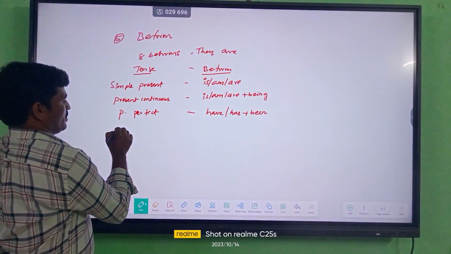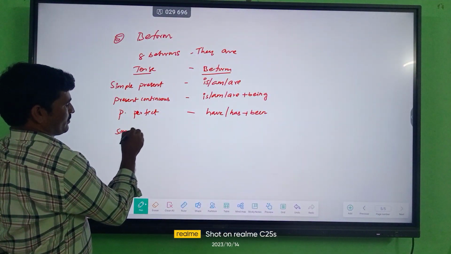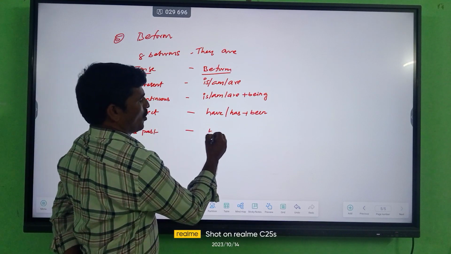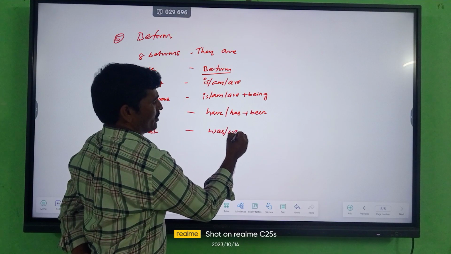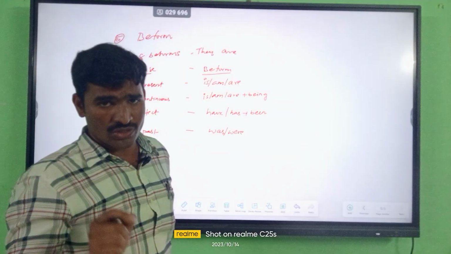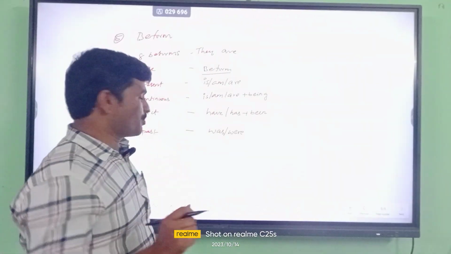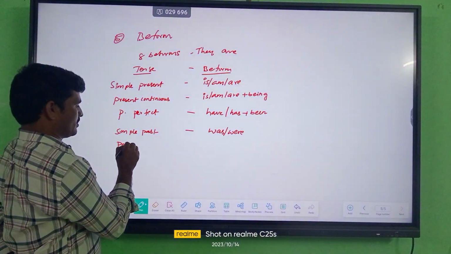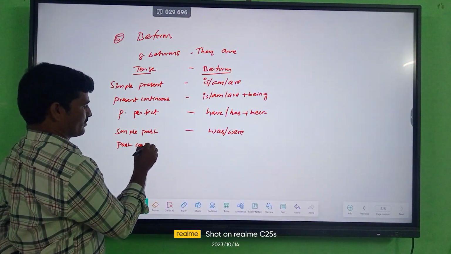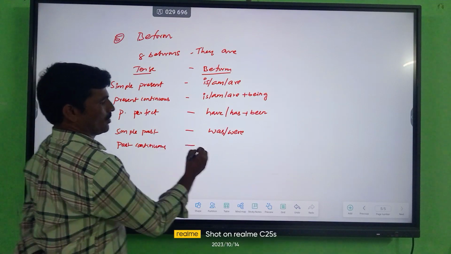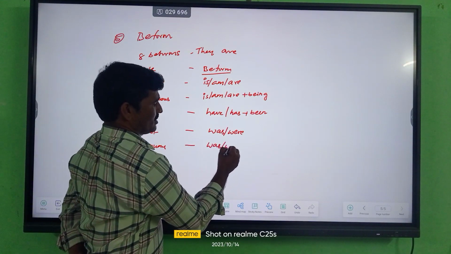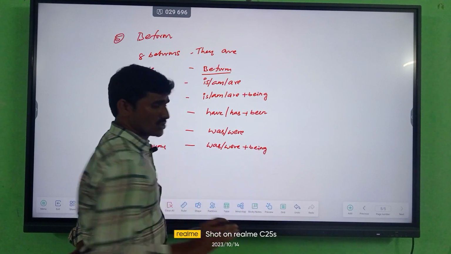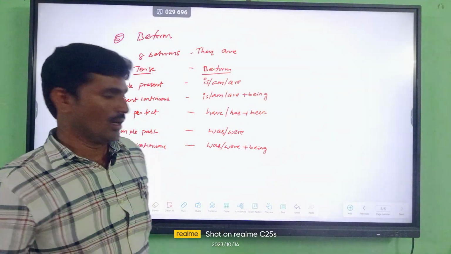Next, simple past. Was or were is used in the passive voice. Next, past continuous tense. Was, were plus being is used in the passive voice.